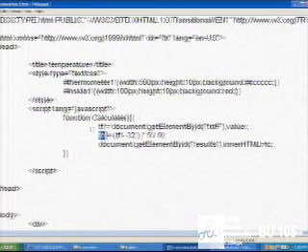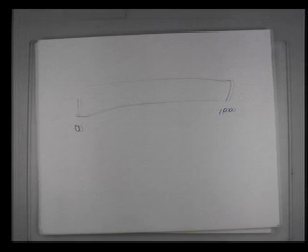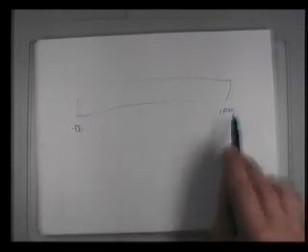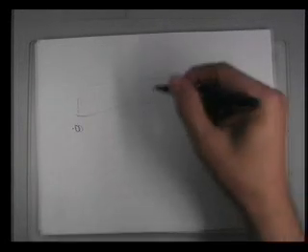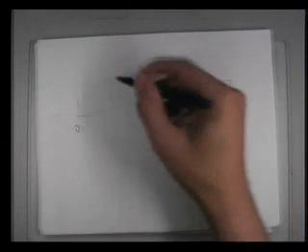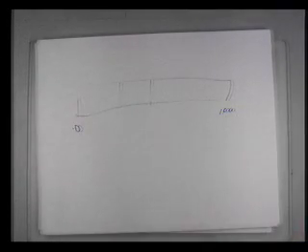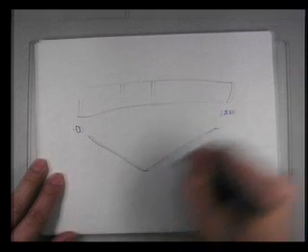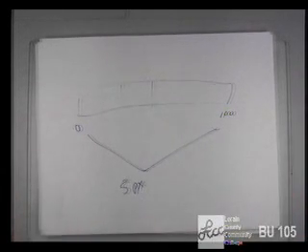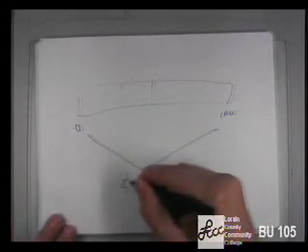Our thermometer I've made to be 500 pixels, whereas 0 degrees Celsius is down here and 100 is over there. So 50 degrees Celsius would be here. 20 degrees would be here, and so on. Oh, I'm sorry, 500 pixels.